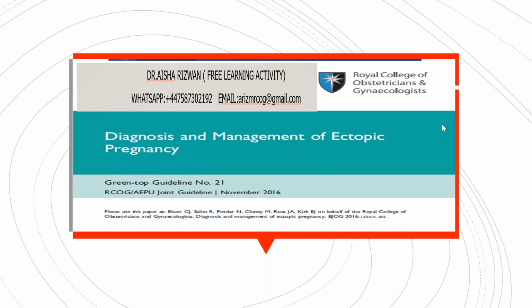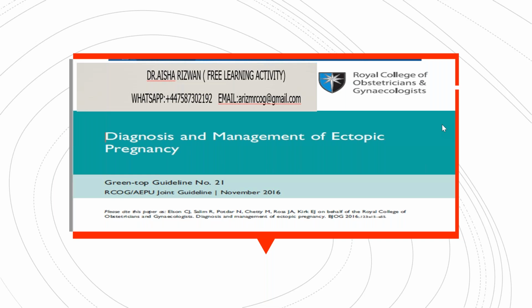So if a salpingotomy is performed, the woman should be counseled that she can have different risks. What are these risks? Of course, there can be persistent trophoblast, which will need serial estimation of serum beta HCG, and we have to follow up with weekly serum beta HCG levels.